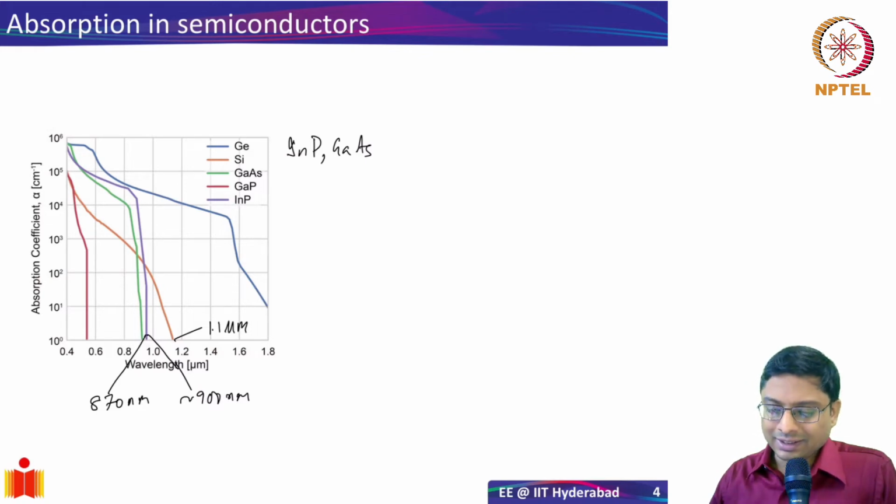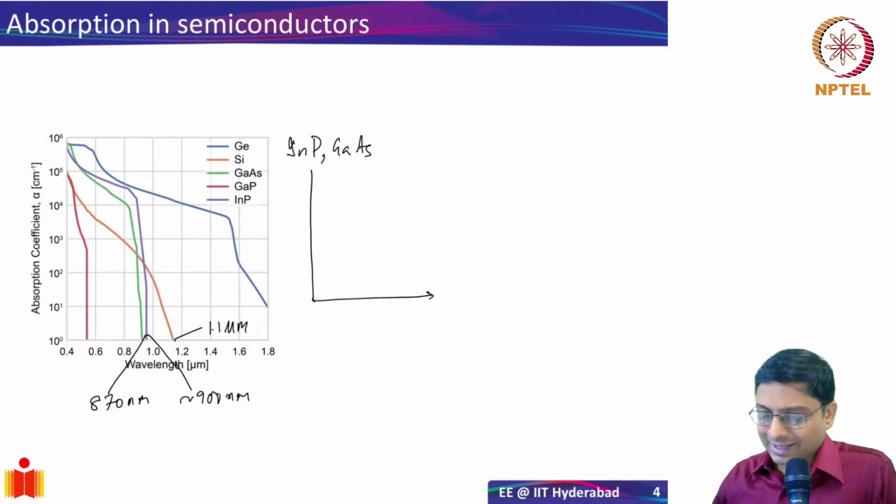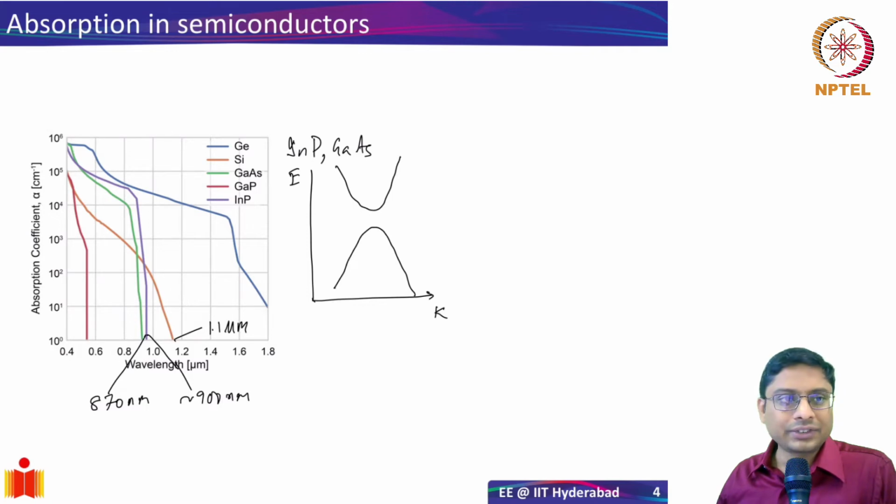This is another concept that, if you're not familiar with the electronics part of it, just accept it for now. Let's say you can draw what is known as the EK relation, wherein in a direct band gap semiconductor, the band gap is direct. We call them direct band gap semiconductors.